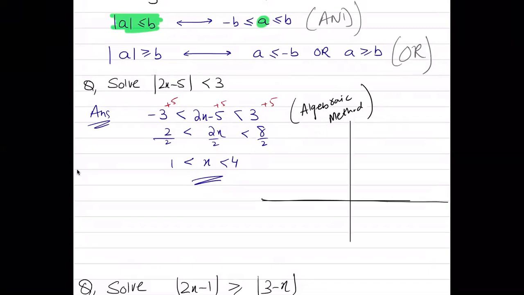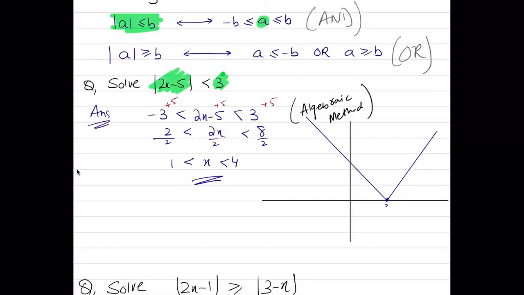So we are going to first draw |2x minus 5|. Remember, we are looking for the intersection points first between these two. So I'm going to draw the graph of mod of 2x minus 5 first. The vertex is going to be at 5 upon 2, that is 2.5. Please let me know if you think I'm going too fast, or if you are not able to understand anything, let me know.